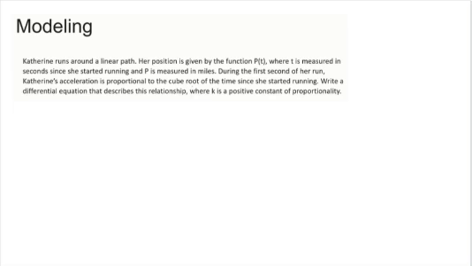During the first second of her run, Catherine's acceleration is proportional to the cube root of the time since she started running. Write a differential equation that describes this relationship where k is a positive constant of proportionality.